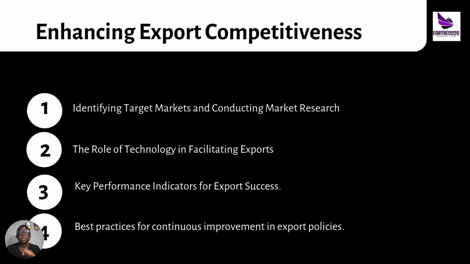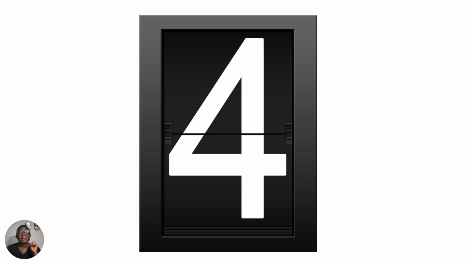And during this session, we'll cover identifying target markets and conducting market research, the role of technology in facilitating exports using e-commerce and digital platforms, export key performance indicators for export success, and best practices for continuous improvement in export policies. Let's get right into part 4.